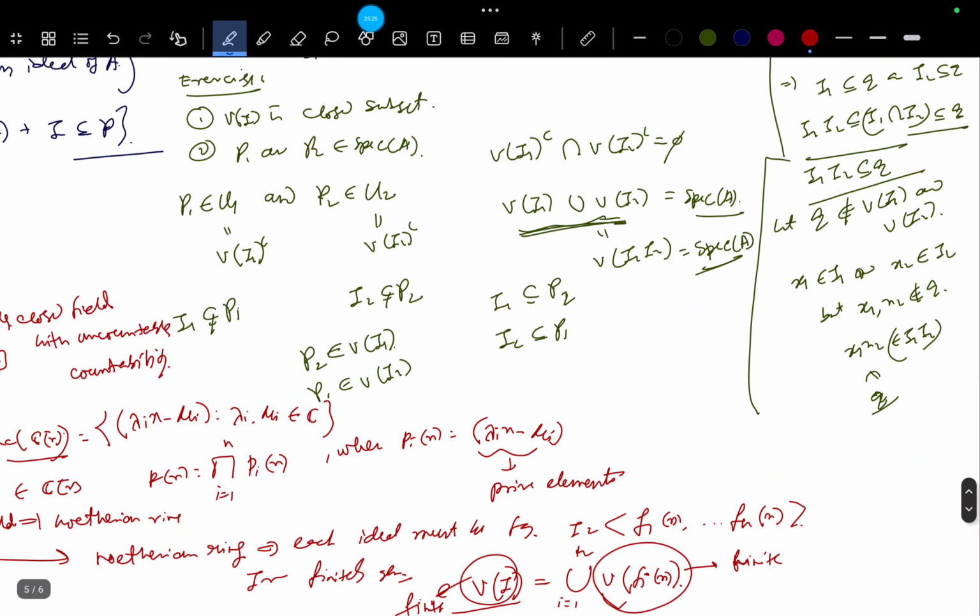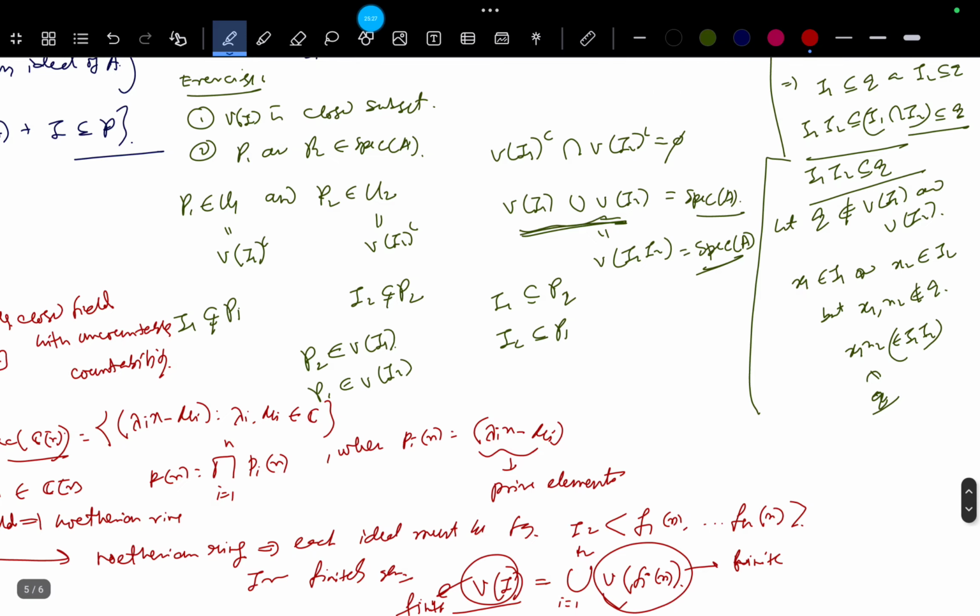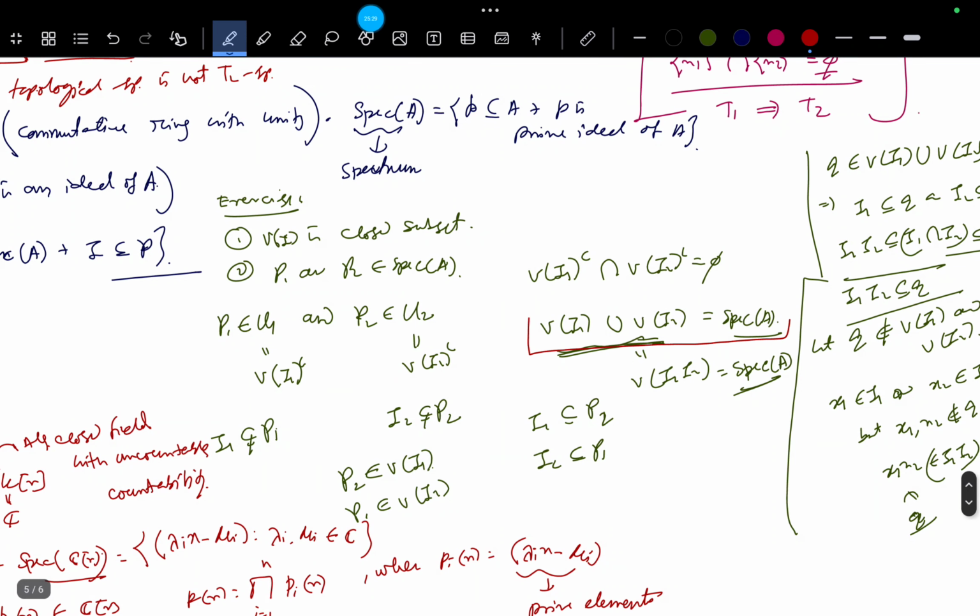Now see here, this is the main thing. Spec C[x] is infinite, but V(I_1) and V(I_2) are both finite, and the union of two finite sets has to be finite. So this is not possible.